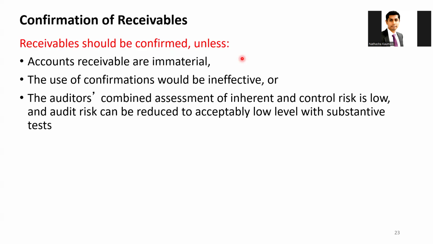So your client is sending, they have all the details. The client is sending that request letter on behalf of the auditors. And I told you that the debtor should reply to the client or the auditor directly.